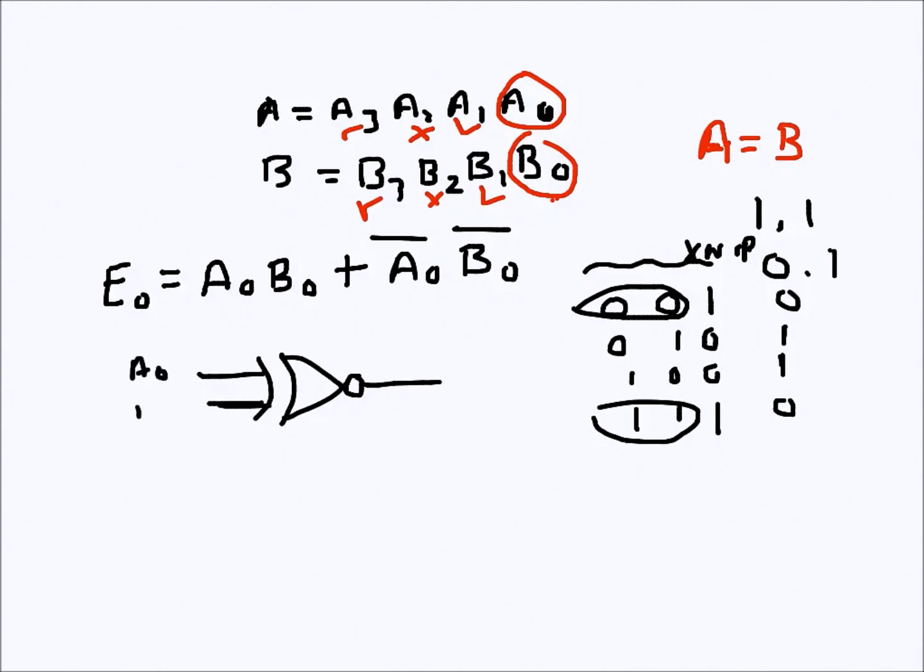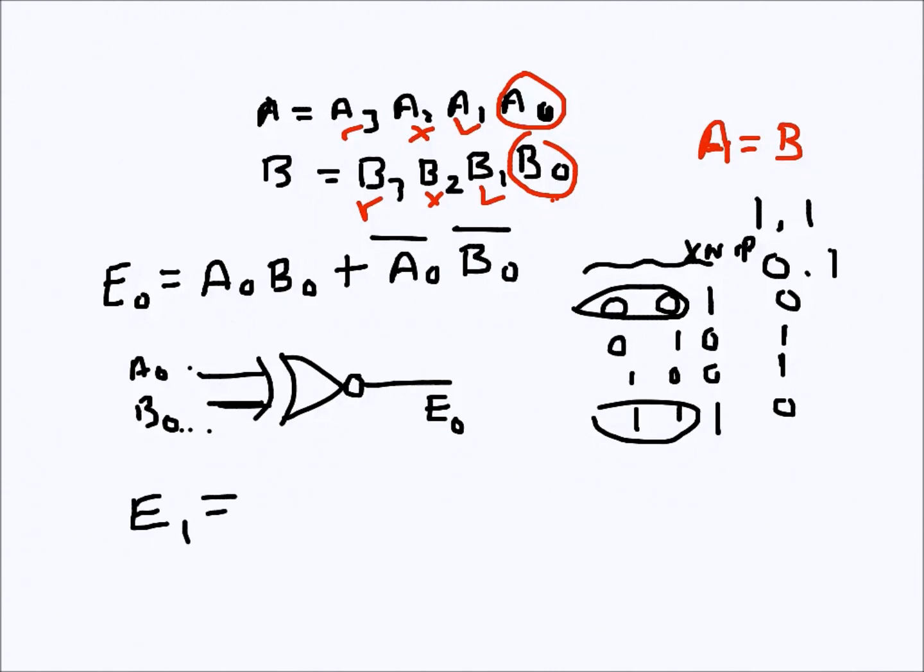So A0 and B0 go through the test to give E0. When they are equal we will have a 1 here. If they are not equal we will have a 0 here. So equal gives a 1 and not equal gives a 0 at output E. Similarly, the exact same case for E1.